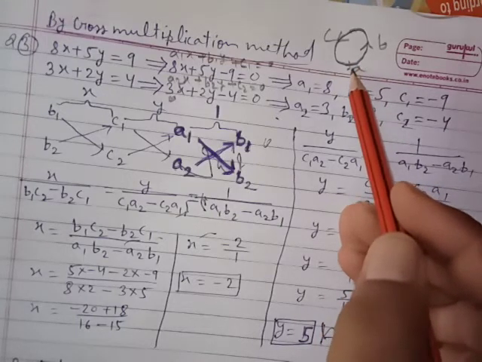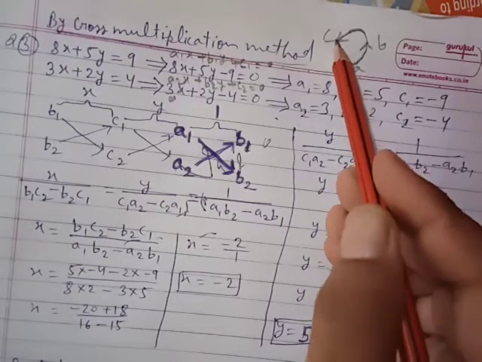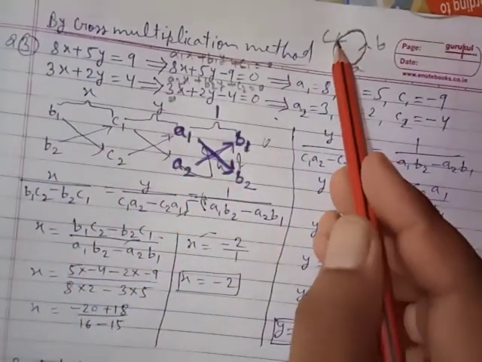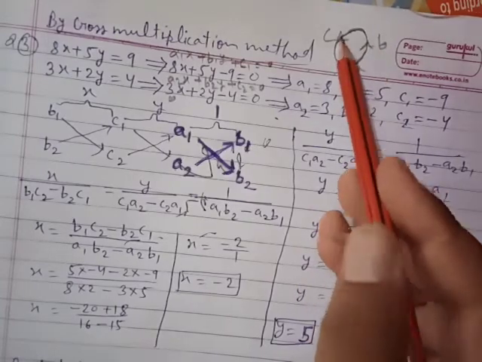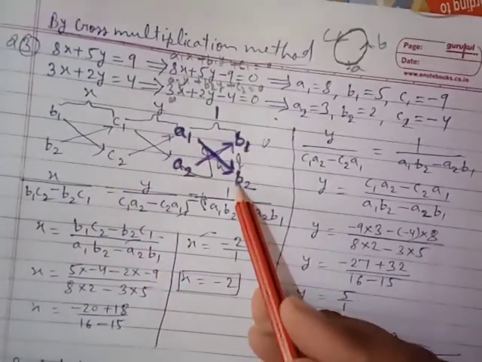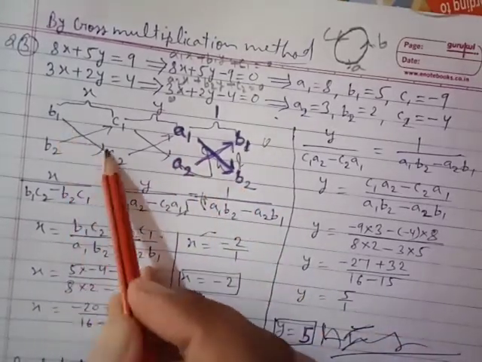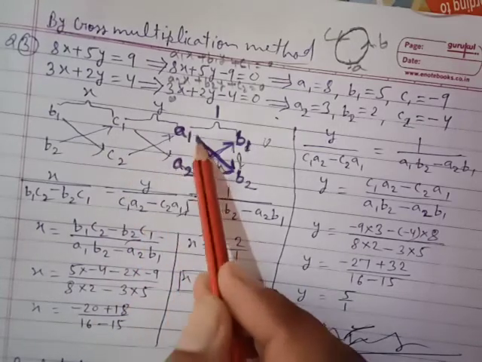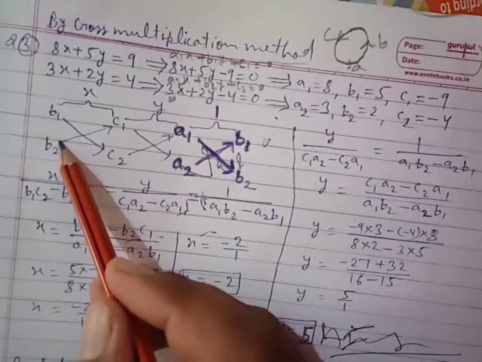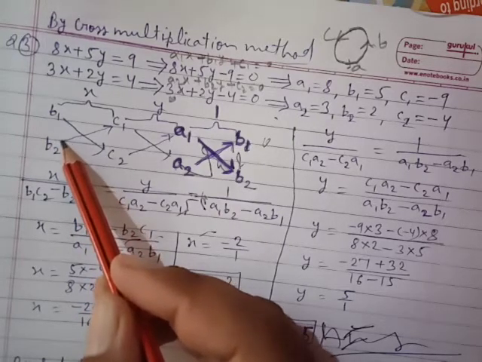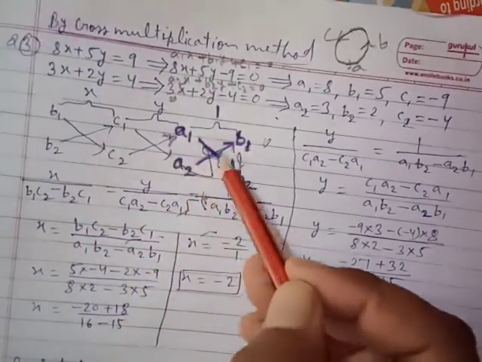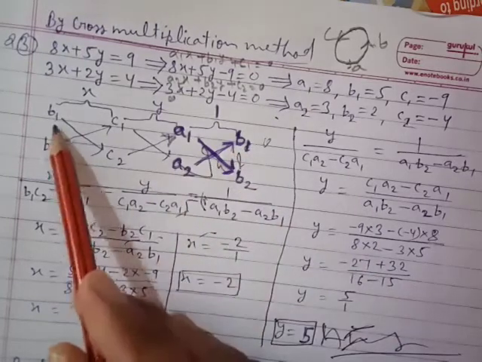So after a it will come b, after b it will come c, after c it will come a, after a it will come b. So b, c, a, b, and 1, 2, 1, 2. Now draw the first arrow downward, second arrow downward, third arrow downward, then the remaining arrows upward.